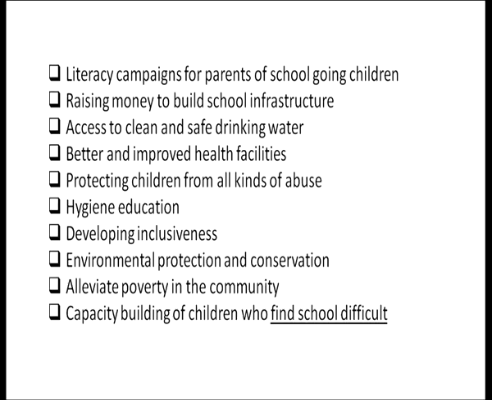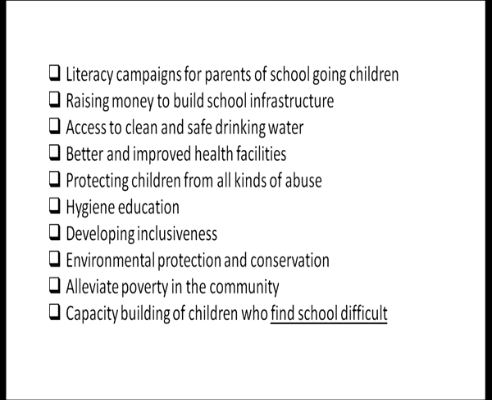The next ones are literacy campaigns for parents of school-going children, raising money to build school infrastructure, access to clean and safe drinking water, better and improved health facilities, protecting children from all kinds of abuse. Today we know that children experience different types of abuse.